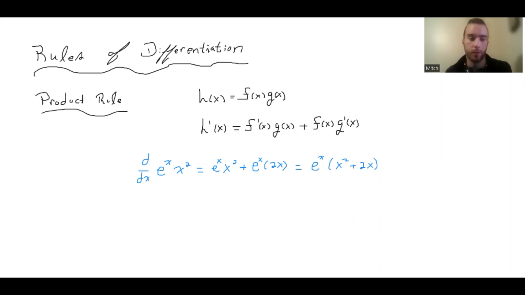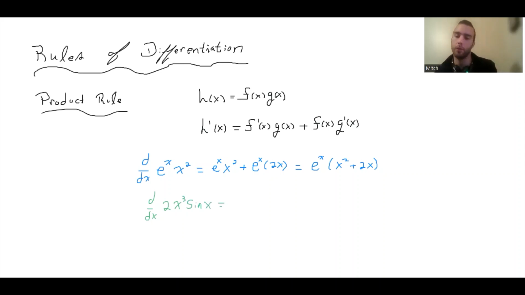Yeah, and so if we look at another example, let's say we have d by dx of 2x cubed times sine x. So again, same thing. We're going to take the derivative of the first one.